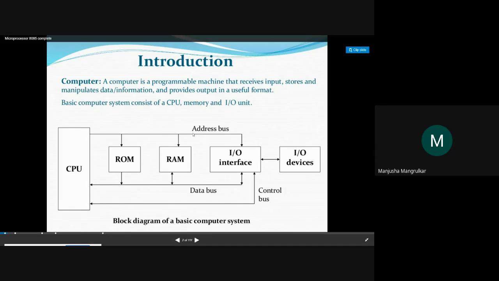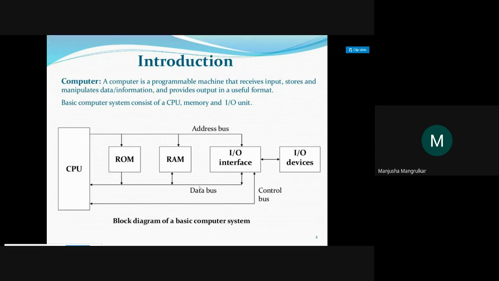Now there are the address bus and the data bus. Address bus means the destination, whether the data is going to the output port or taking data from the input port. It is addressing. For example, in our city lots of houses are there, but each and every house has its own address.